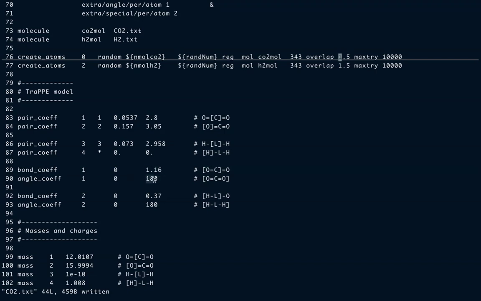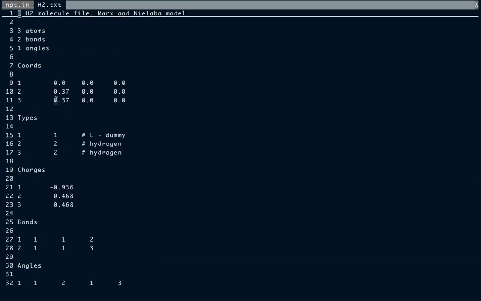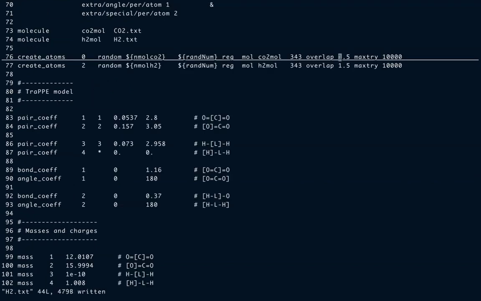Also note that the angle is 180, which means that it's a planar molecule and you have one single rigid rotor. Similarly, for hydrogen, you have a bond length of 0.37. This was also something that you saw in the coordinate file, where I specified the coordinate to be already equal to the bond length, and then the angle is 180 degrees.